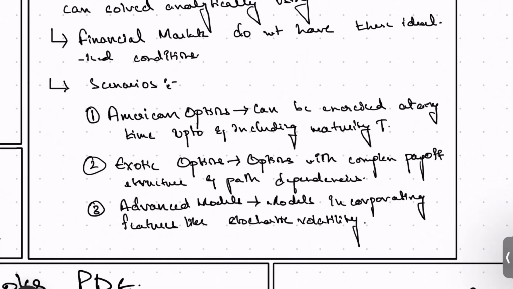Many options have complex payoff structures or path dependencies, like barrier options and Asian options. These features are not tractable with analytical formulas. Next, we have advanced models, where real-world asset dynamics often exhibit features like stochastic volatility or jumps. Models incorporating these features, such as the Heston or the Bates models, lead to more complex PDEs for which analytical solutions are rare. Similarly, models that account for transaction costs often result in nonlinear PDEs.